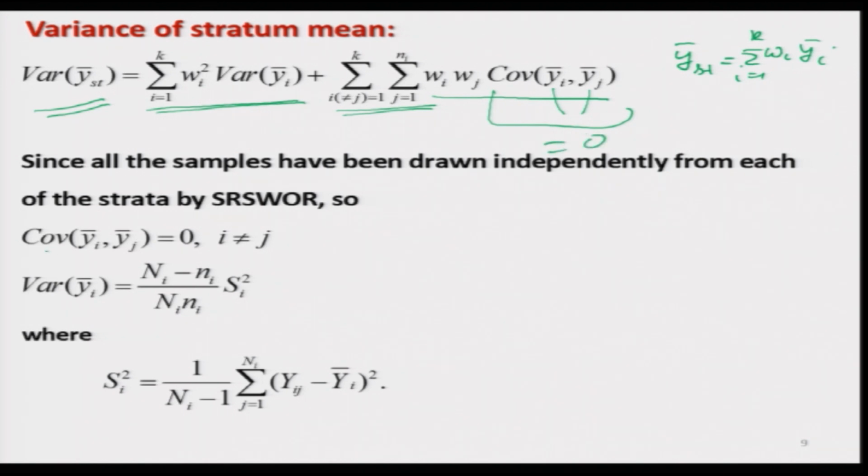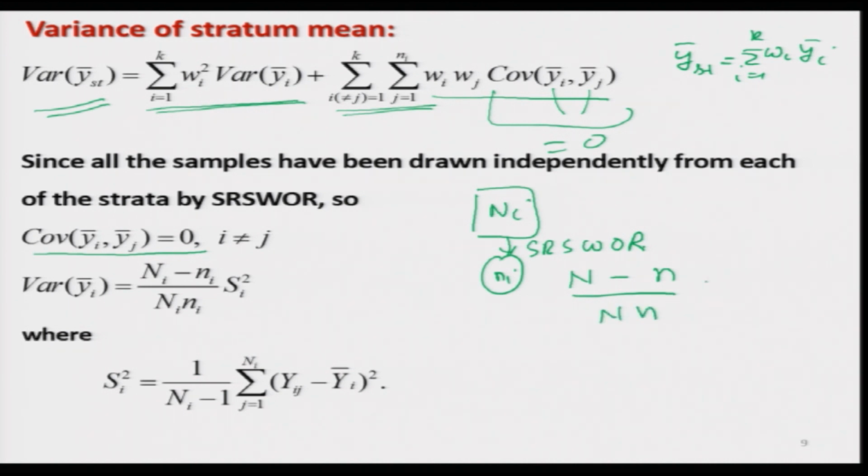So, that is what I am trying to write down here, that the covariance between y bar i and y bar j will be 0. When you draw a sample of size ni from a population of size capital Ni by SRS WOR, then we know that earlier the variance was given by N minus n upon N n times S square.